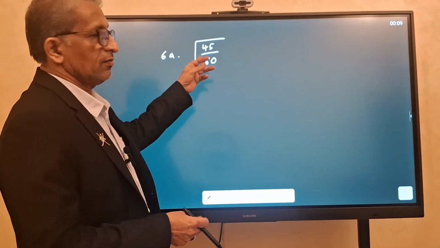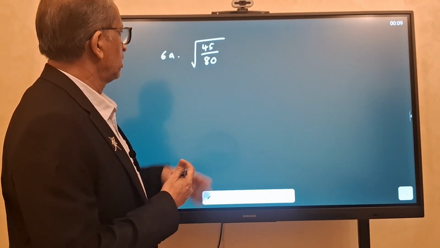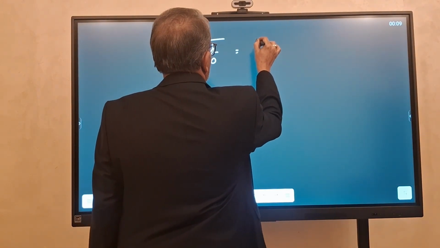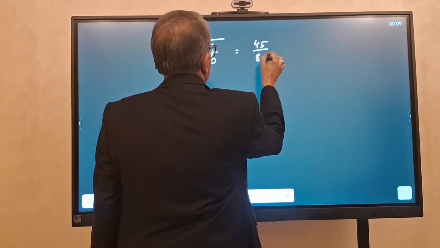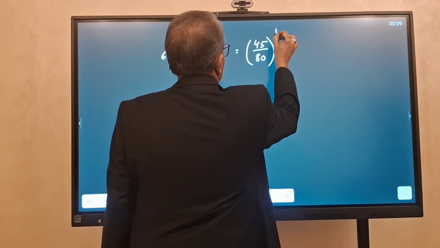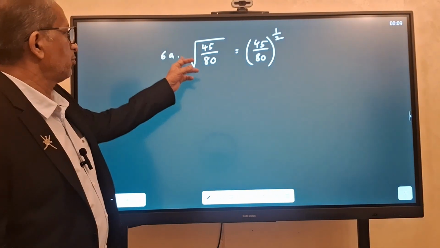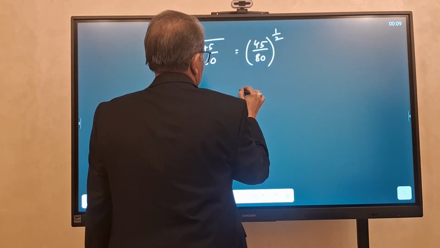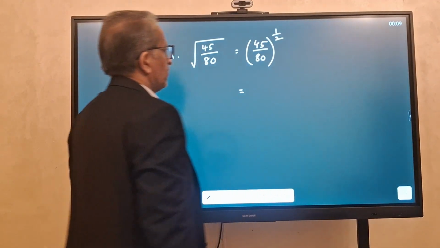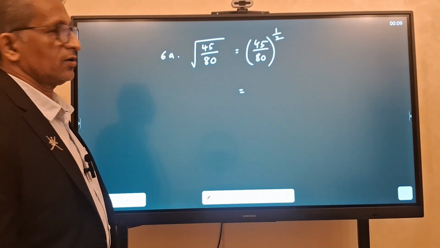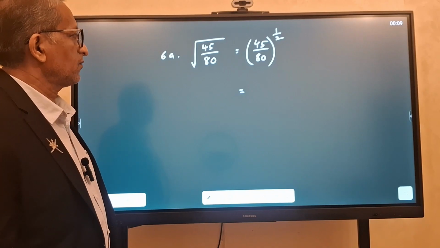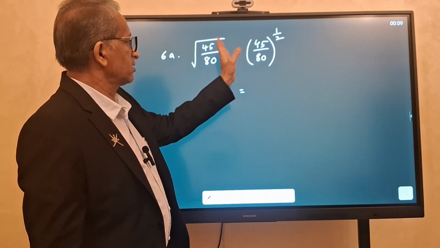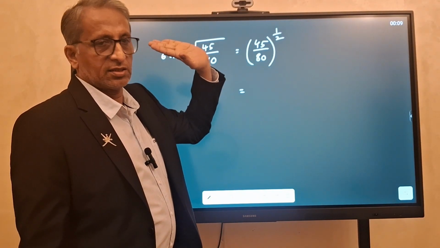This is the radical, so I will first take 45 by 80 whole power 1 by 2, because no number means 1 by 2. Then you simplify inside. Simplify means take the factors of 45 and the factors of 80 and see if anything cancels. If anything cancels, cancel it and then write it. That's it.